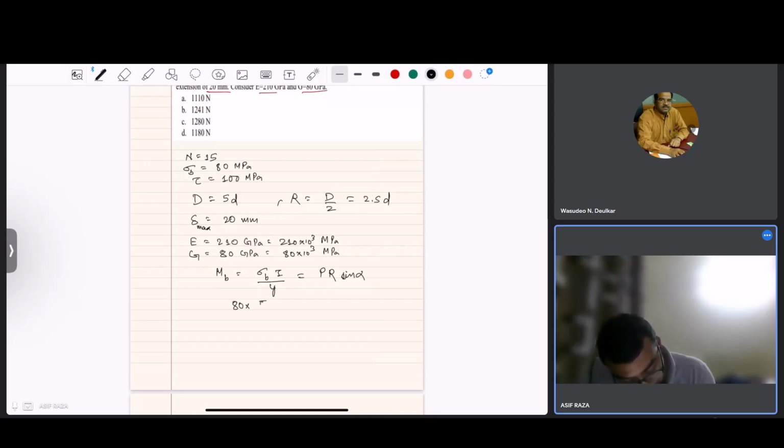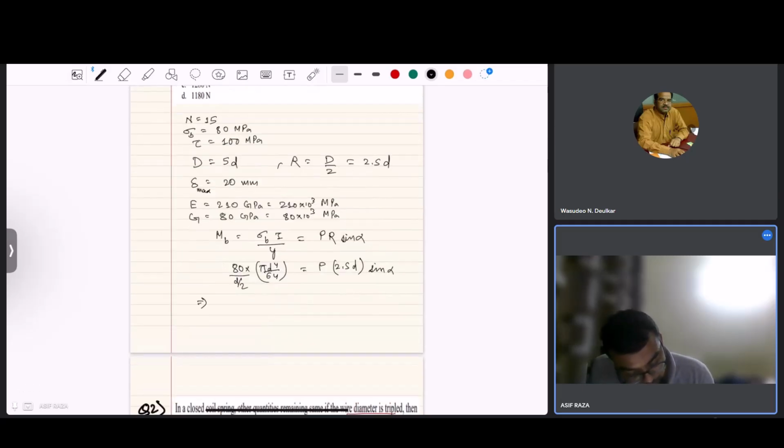I would be pi d^4 by 64, y would be equal to d by 2, and this is P, R is 2.5 d sine alpha.